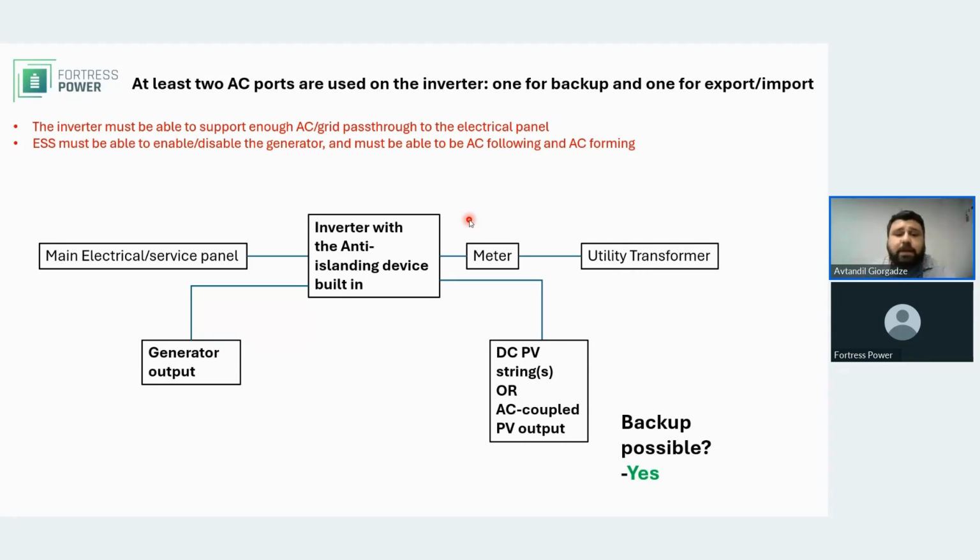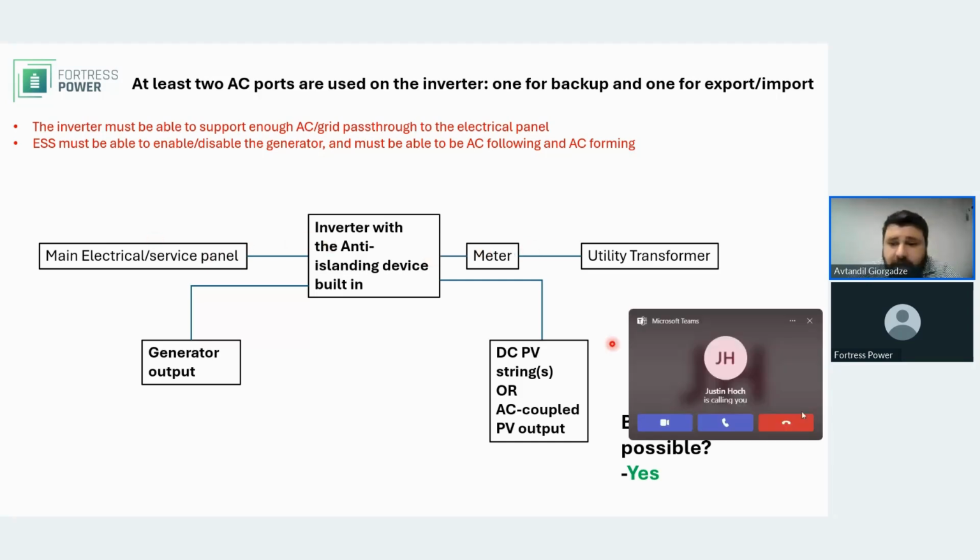whole home backup. So here, the inverter, first of all, must be able to facilitate the pass-through from your meter to your electrical service panel. So whatever the main electrical panel can possibly demand from the grid, the inverter must be able to pass through that power.